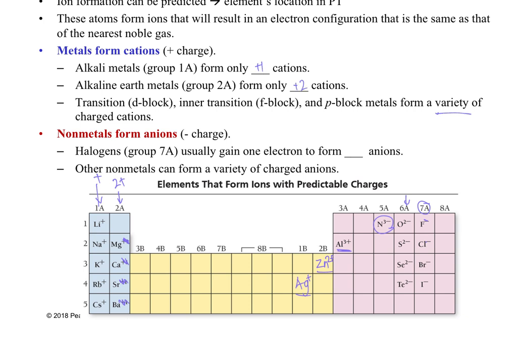Transition metals can have a variety except for these 3 that I listed. And nonmetals are the negative ions when they transfer electrons. Our halogens always form 1- anions, and the other nonmetals can form a variety, but chalcogens are also always consistent, and nitrogen is always consistent.